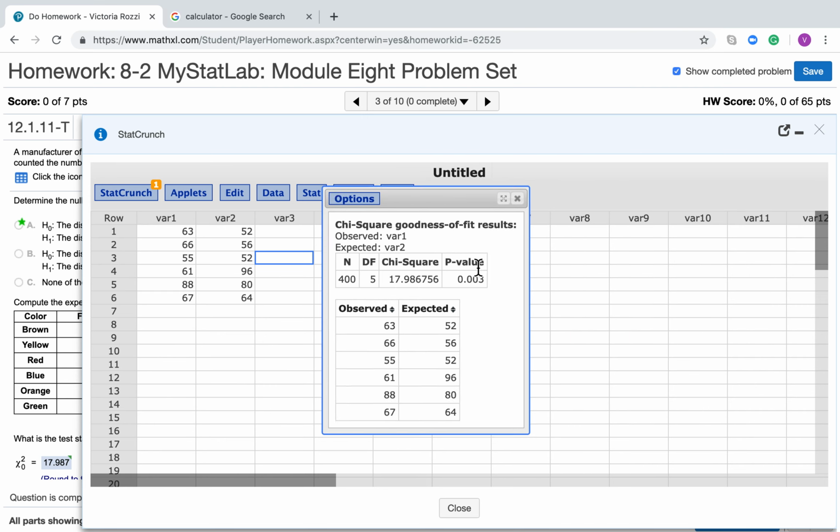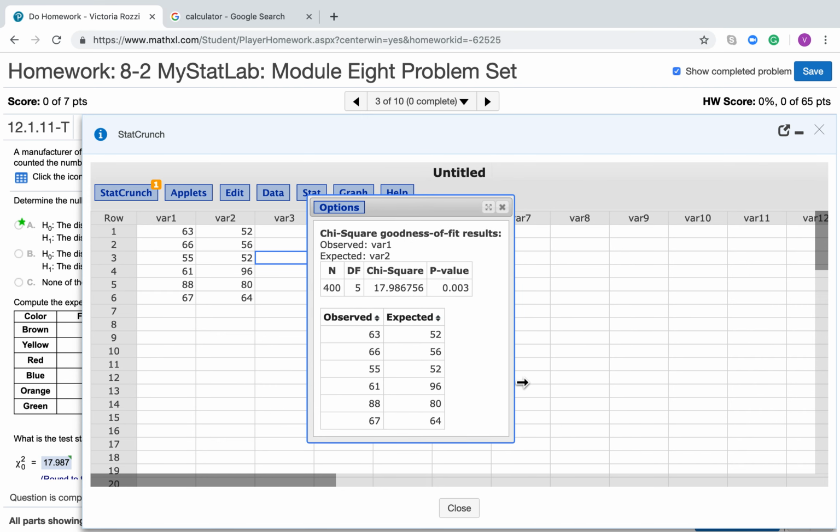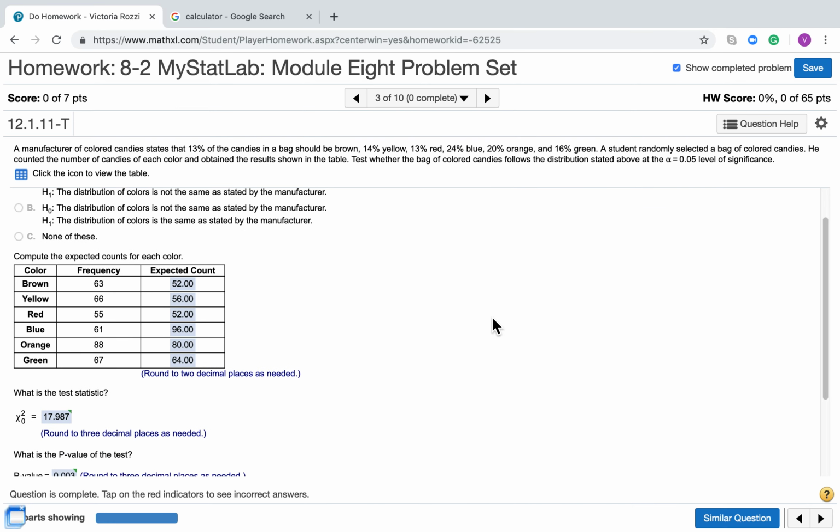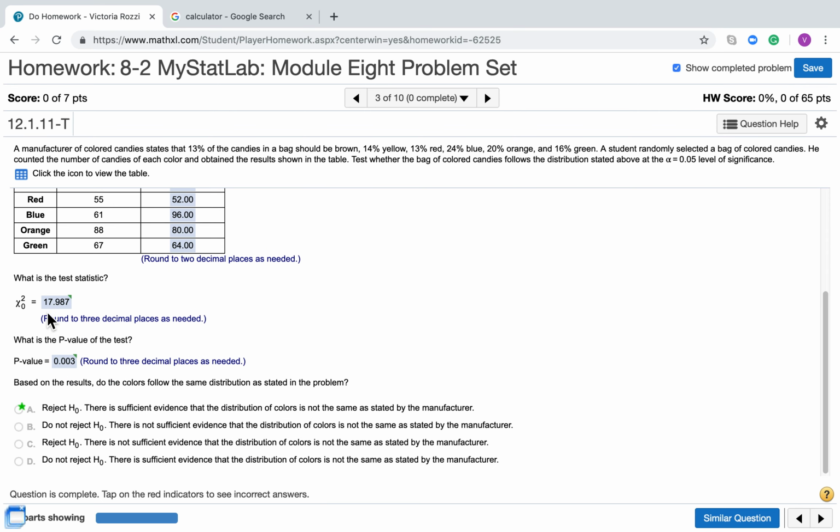And here you can see you're going to get your chi-square value, which was 17.987 if you round to that third decimal place, and your p-value, which is 0.003. And let me just minimize this for a second, and I believe, yep, that's what they got here, 17.987 and p-value of 0.003.